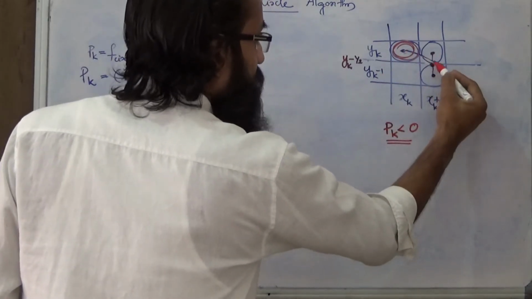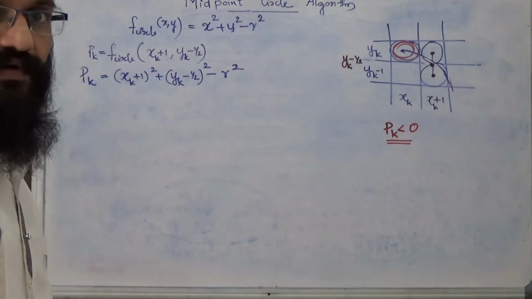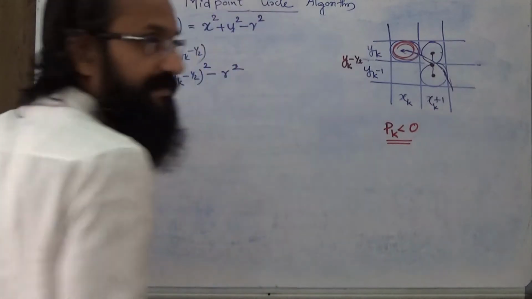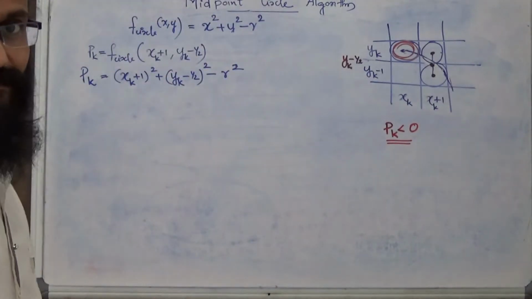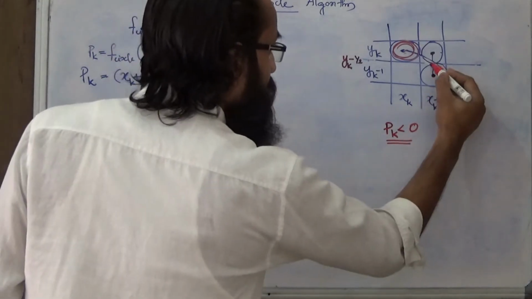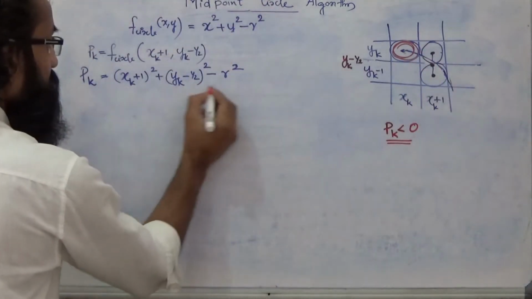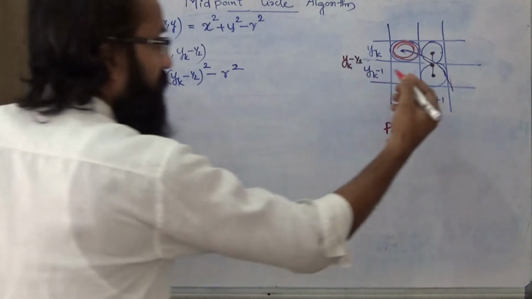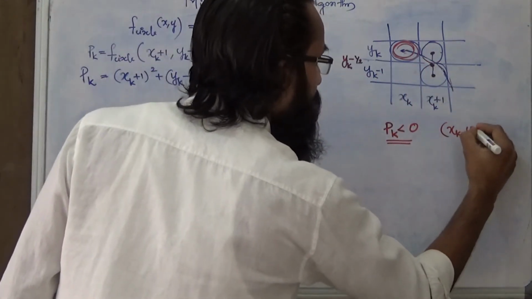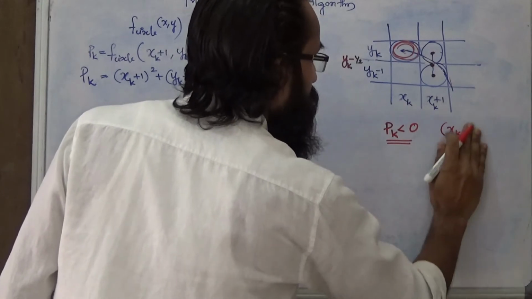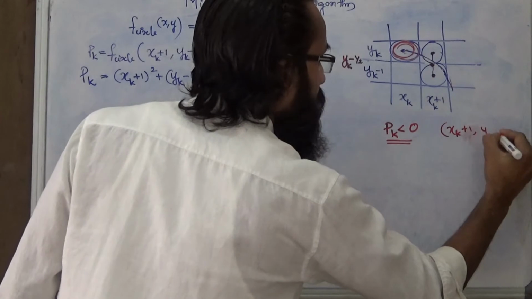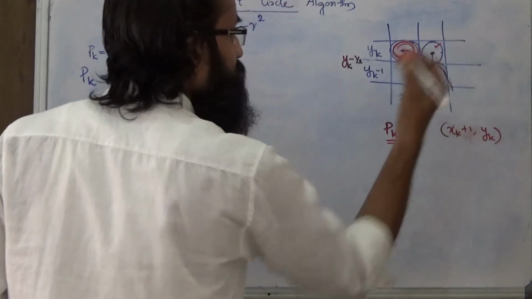So if this midpoint is inside the actual circular path, then you can say that this upper pixel is closer to the circular path. So if pk is less than 0, the midpoint is inside, that is based on the circle function. Midpoint is inside, and the pixel to be selected is xk plus 1, yk. You are expected to choose this pixel.